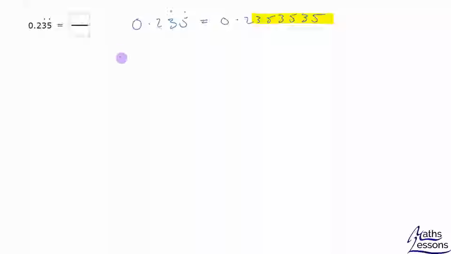I'll show you what I mean. Actually, always take the bigger one first when you're trying to do the shortcut. So we're going to do 1,000 times 0.235 recurring to get us to 235.3535 and so on. Sorry, write that out again.